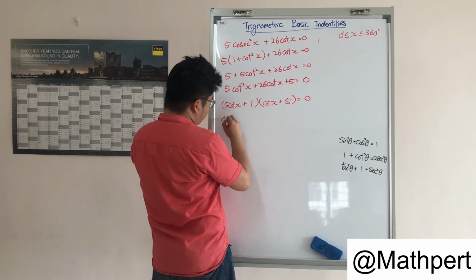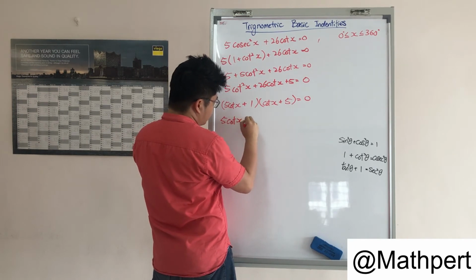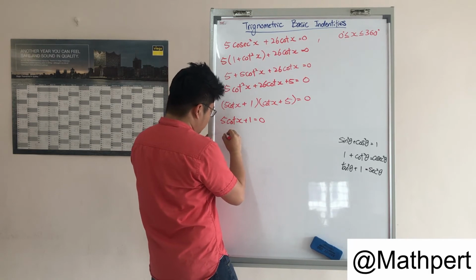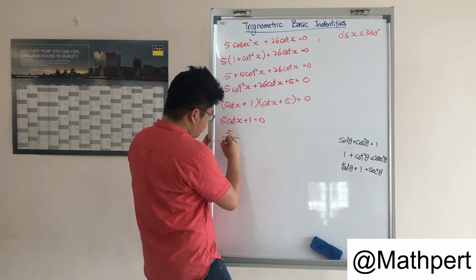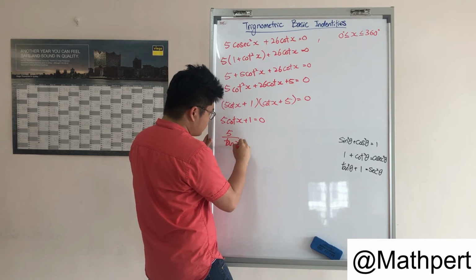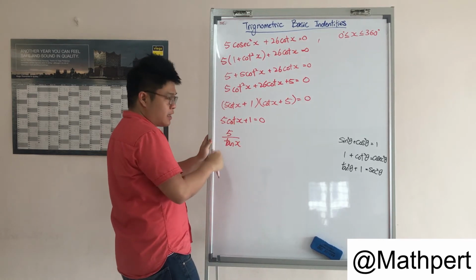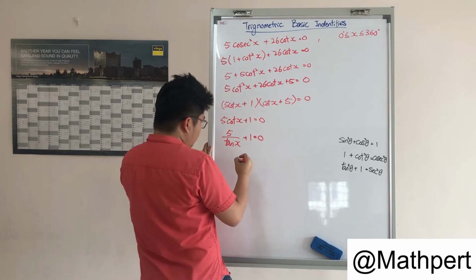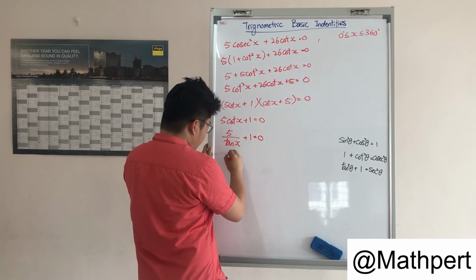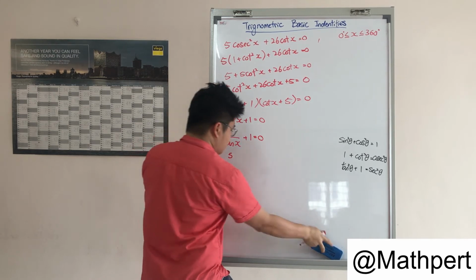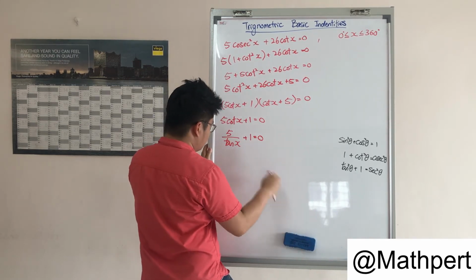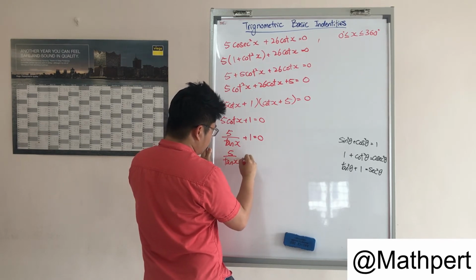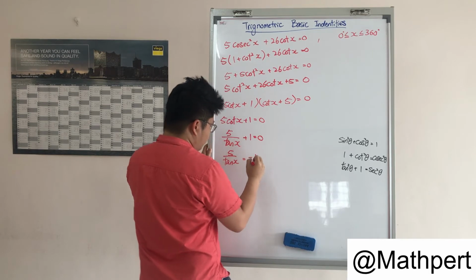So 5 cotangent x plus 1 equals 0. Cotangent x is 1 over tangent x, so 5 over tangent x plus 1 equals 0. Then 5 over tangent x equals minus 1.